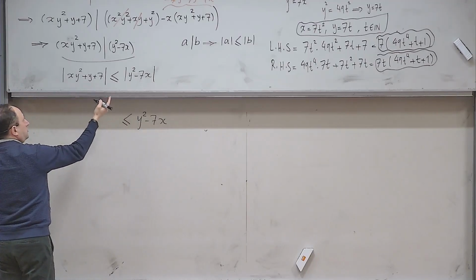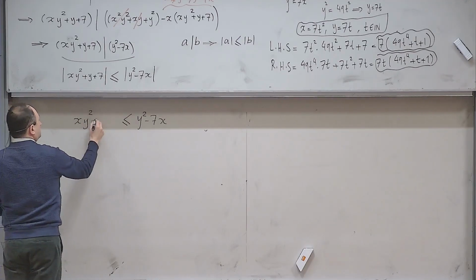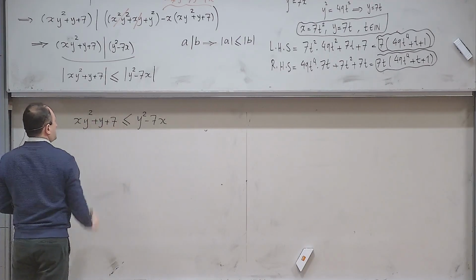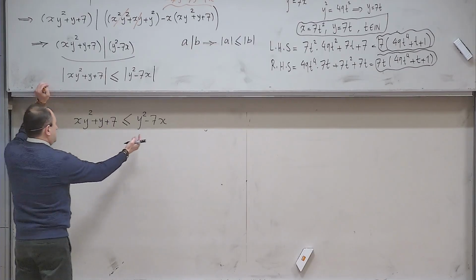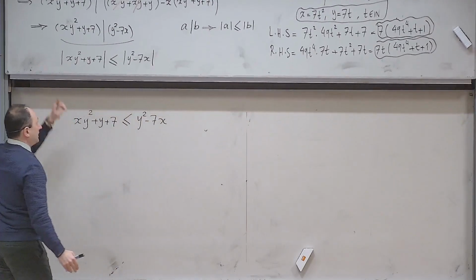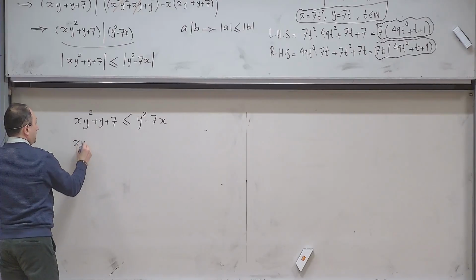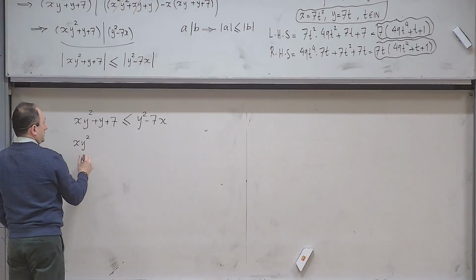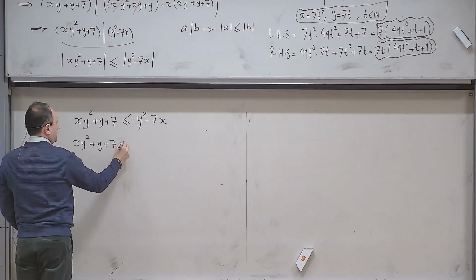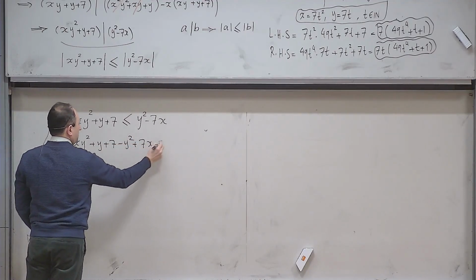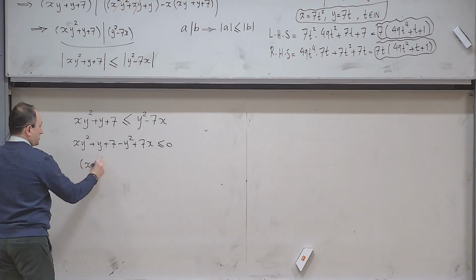Here I am looking for natural numbers, so this is definitely positive, so it does not need any absolute value signs. But this is not possible. Why? Because let me move everything to the left. So what happens? This becomes xy squared plus y plus 7 minus y squared plus 7x less than or equal to 0. Between these two, let me factor y squared out.